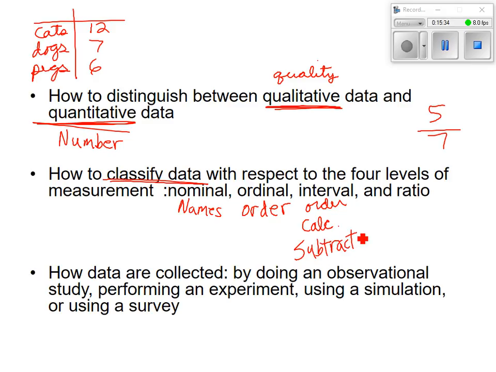We can say in the preseason AP poll, Florida State is ranked 4 spaces higher than Ohio State. We can't say Florida State is 4 times better than Ohio State because of their rankings. Okay? But with ratio, we can say, hey, this one has 4 times as much.